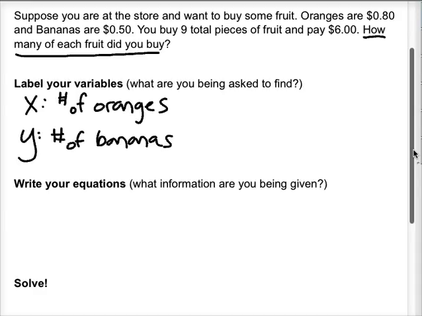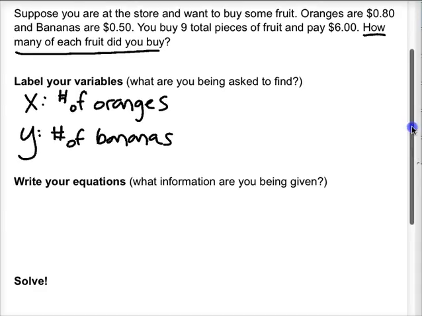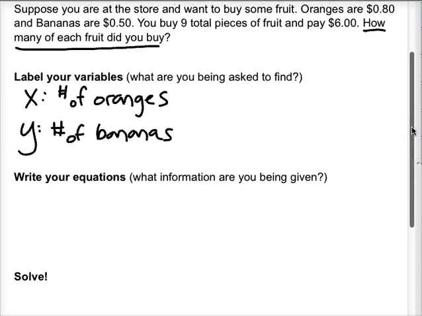All right, now write your equations. So now it's important to realize what information is being given. Okay, so what's being given? Well, I see information on the amount. So you bought 9 total pieces of fruit.